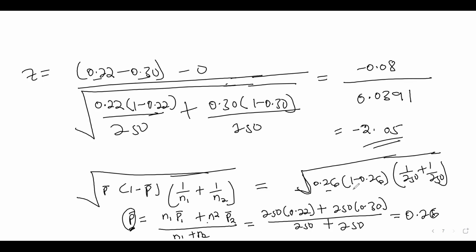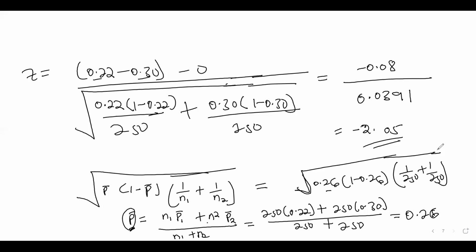It's like this times this bracket times this bracket. So if you punch it very well, you are going to get approximately 0.0392, which is the same as the denominator here, like 0.0391, 0.0392. I mean, the answers are similar. It's just because of rounding error, okay?